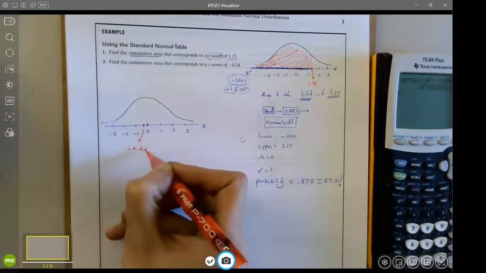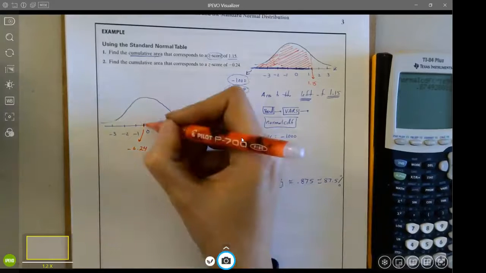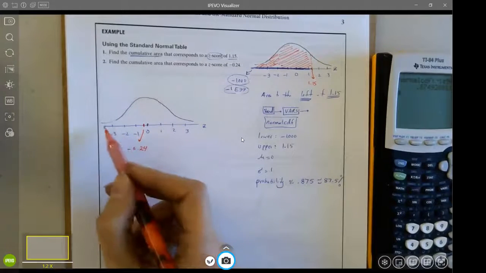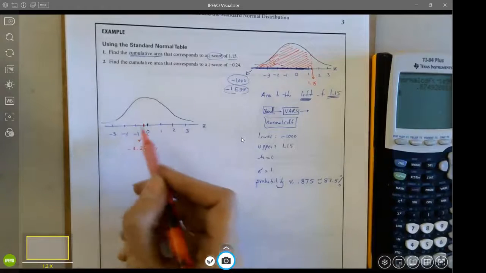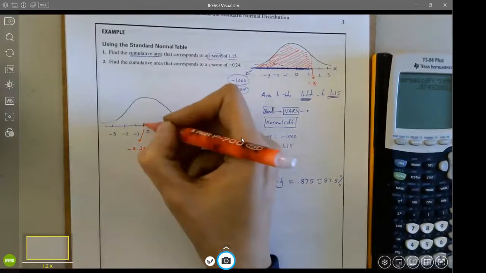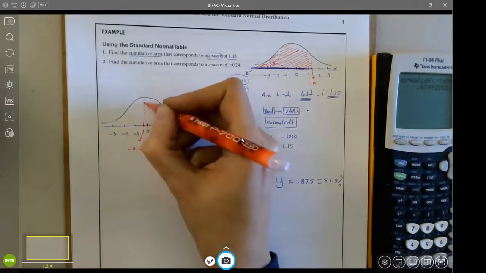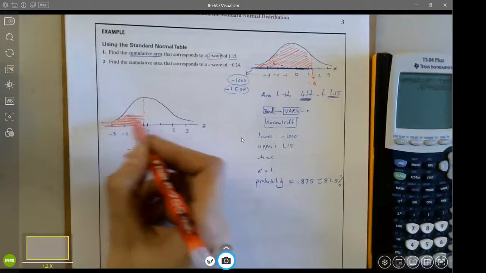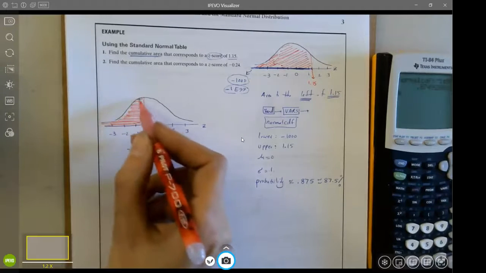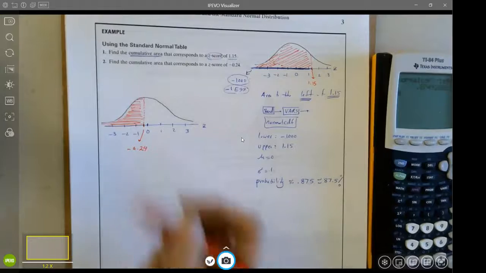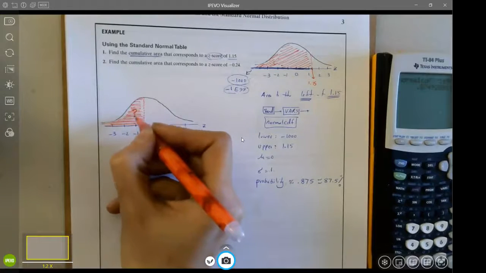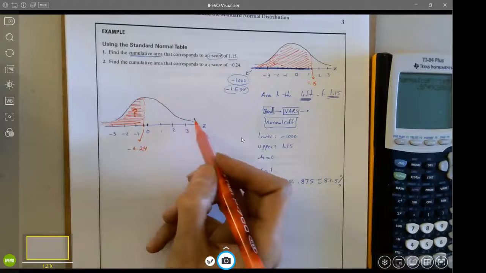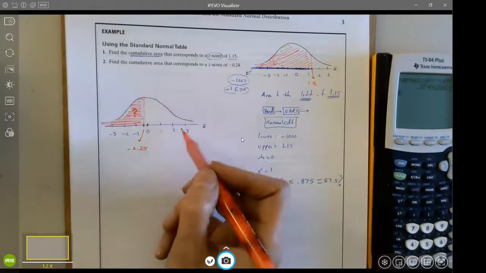Negative 0.24. This is on the horizontal axis. This number belongs to the horizontal axis. If we want to find the area that corresponds to this number, it means that we're looking for this region below the graph. What is this area? What is this probability? The total area below the curve is 100% or 1.